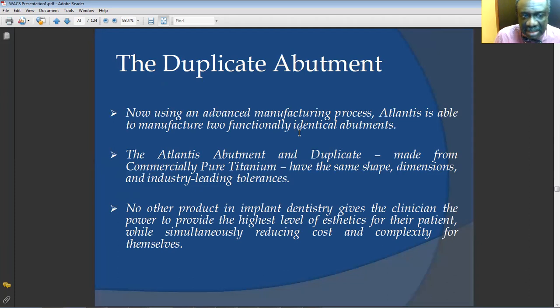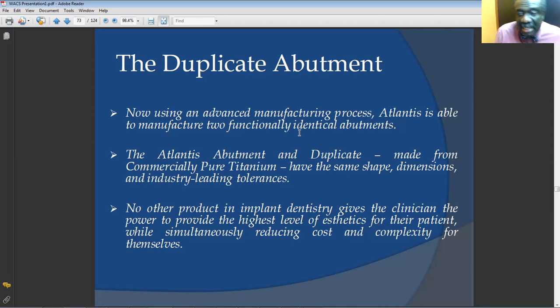All my restorations were Atlantis abutments, and I lost a lot of money. I didn't gain. Okay?